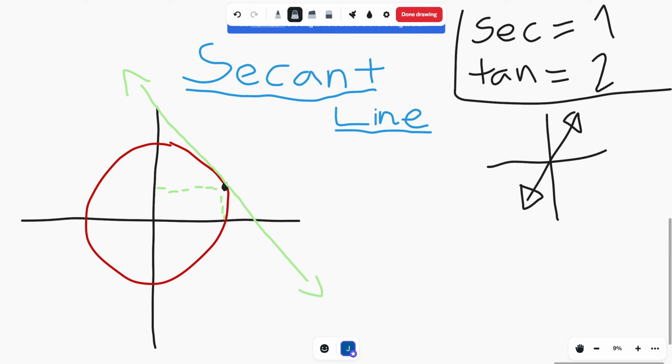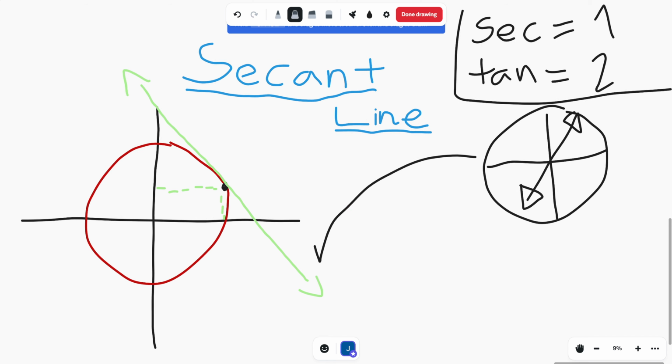However, in this secant line's case, we are able to interpret what the specific slope is at a point for a different graph. So this graph is this, but it helps us understand the slope of another graph. That is what the secant line is used for.